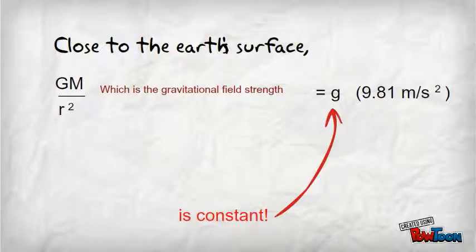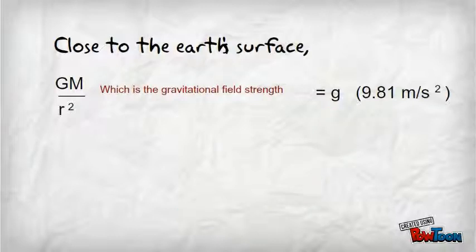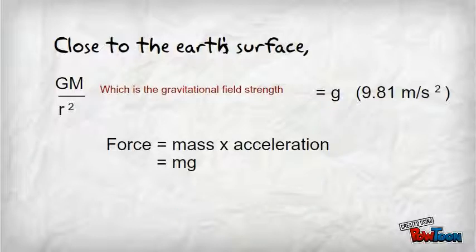We also know that force equals mass multiplied by acceleration, and that the acceleration is caused by gravity, so the acceleration is equivalent to g, so force equals mg, mass times the gravitational field strength.